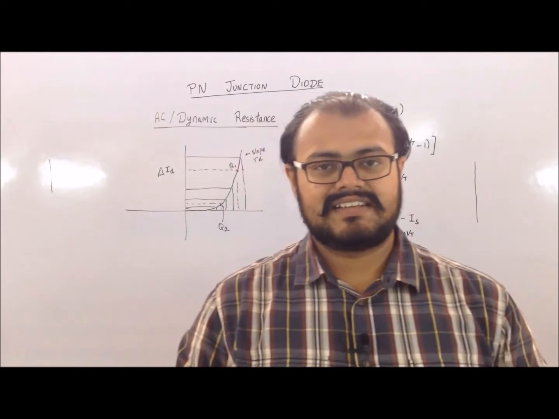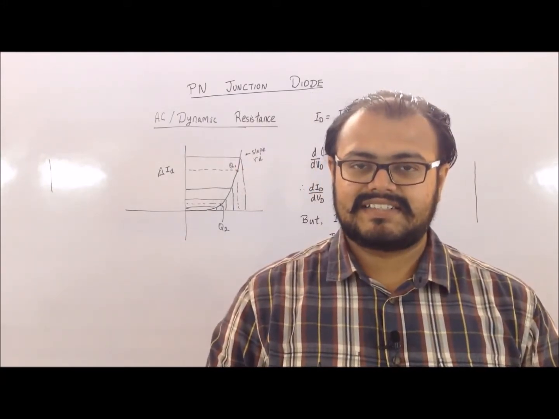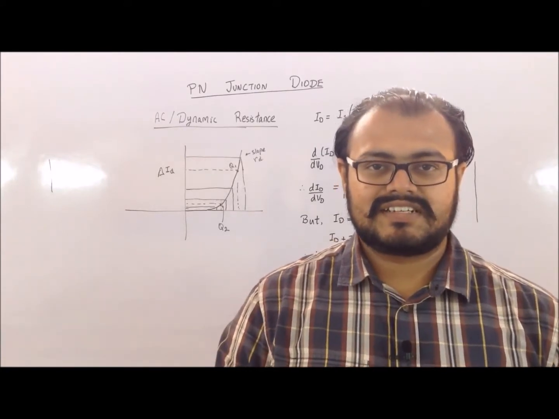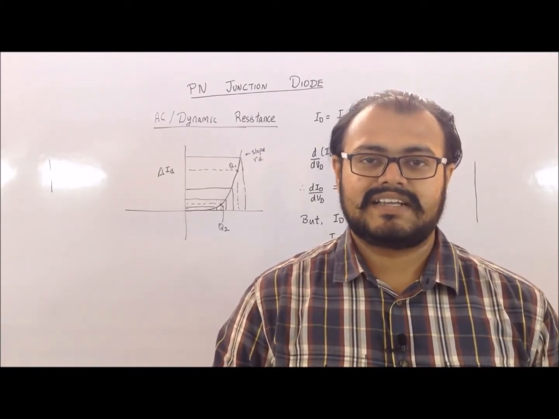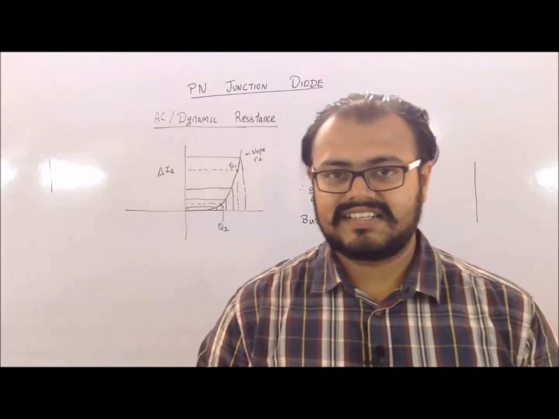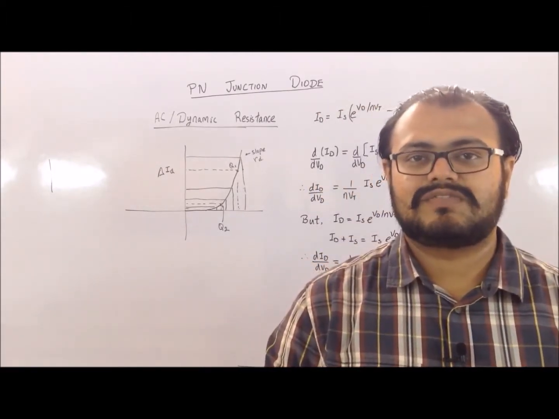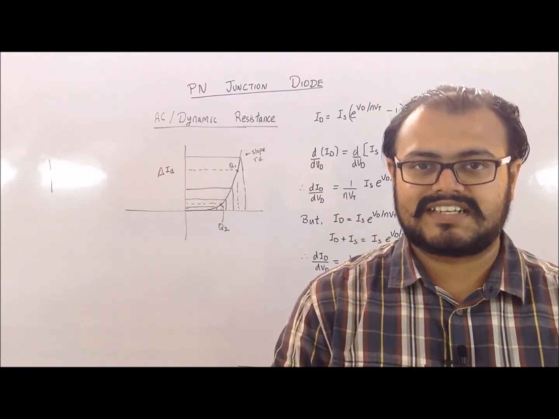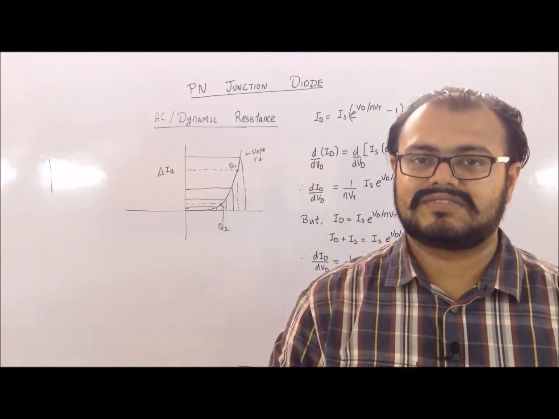While we were discussing our DC and AC resistance, we had completely ignored two other resistances which are present in my PN junction diode. These resistances which we have just seen are just a representation of the junction resistance, that is the resistance which is because of the junction present in the PN junction diode.